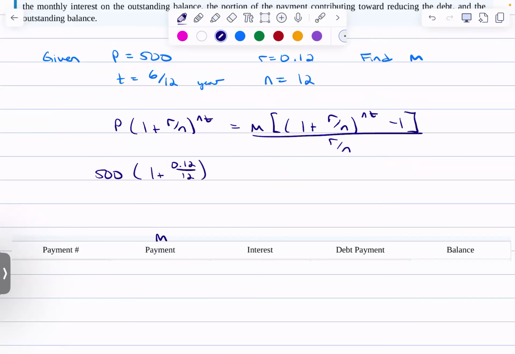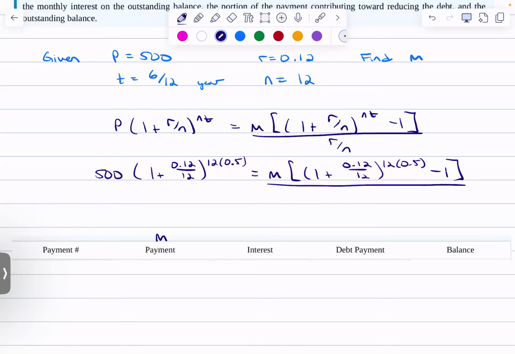Well, that's nice. 12 times 0.5. Right, 6 over 12 is 0.5 years. M times 1 plus 0.12 over 12, 12 times 0.5, minus 1 divided by 0.12 over 12.